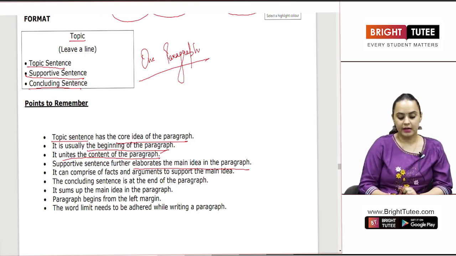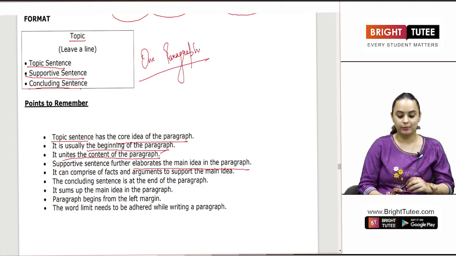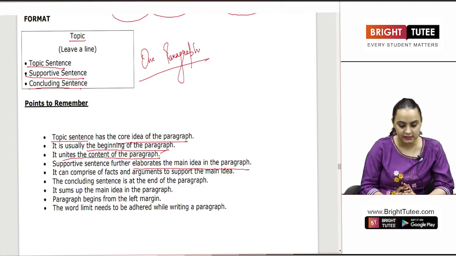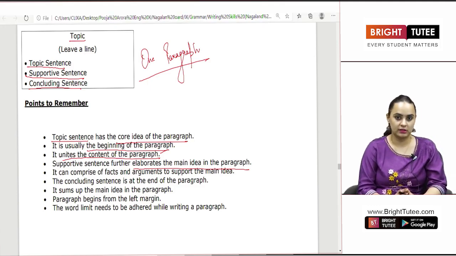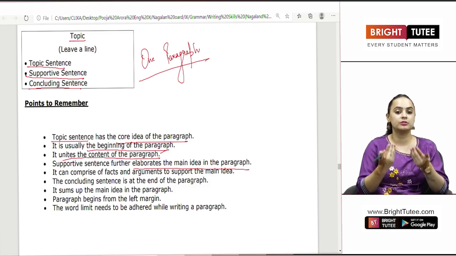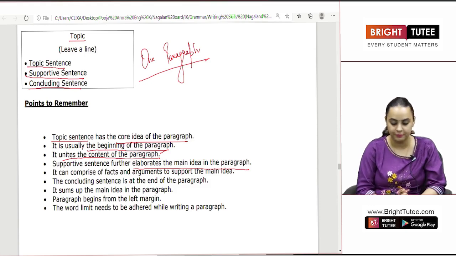It can comprise facts and arguments to support the main idea. So your supportive sentences include all the facts, all the arguments, all the information that you need to support the main idea, the major topic for which you are writing the paragraph.